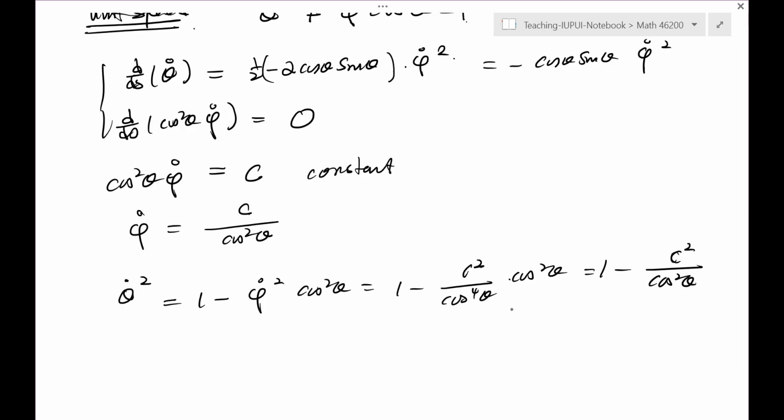And the first one, now we haven't used this equation yet.